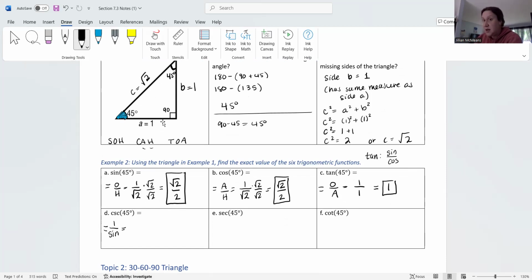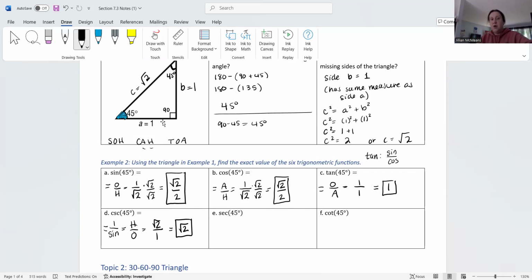So instead of opposite over hypotenuse, it's hypotenuse over opposite. We already know that sine is 1 over square root 2 before we rationalize. Let's find the reciprocal of that. That would be hypotenuse over opposite, which is square root 2 over 1, and that simplifies to just plain old square root 2.